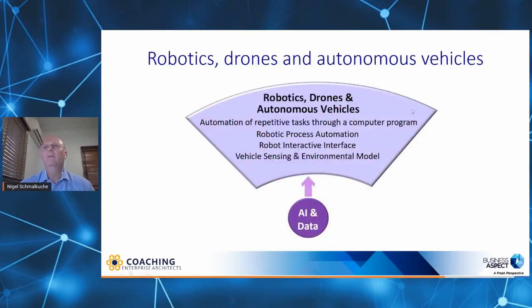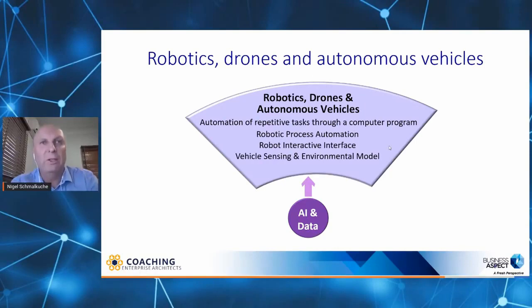So I brought these together: robotics, drones, and autonomous vehicles. And robotic process automation, I was talking about before, saves humans time. RPA is becoming more advanced. So using image recognition and text analysis, you've also got robots interacting with software, using AI technology to track and record their own actions.